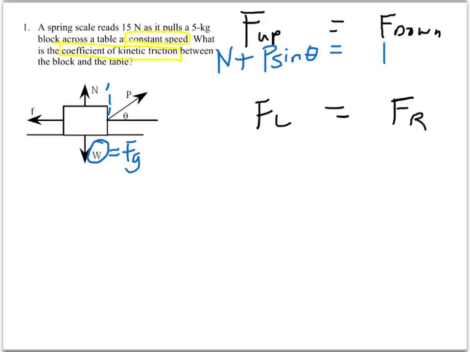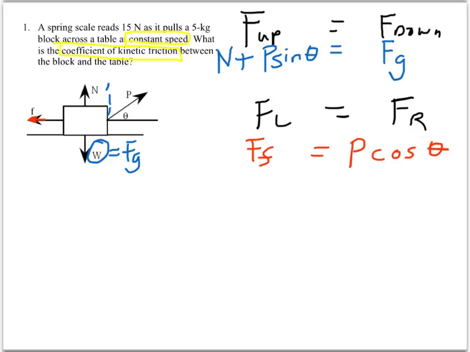So my down force is my force of gravity. I don't see any other up or down forces. Next, left and right forces. There's a force of friction to the left, and to the right there is the x part of P, P cosine theta.